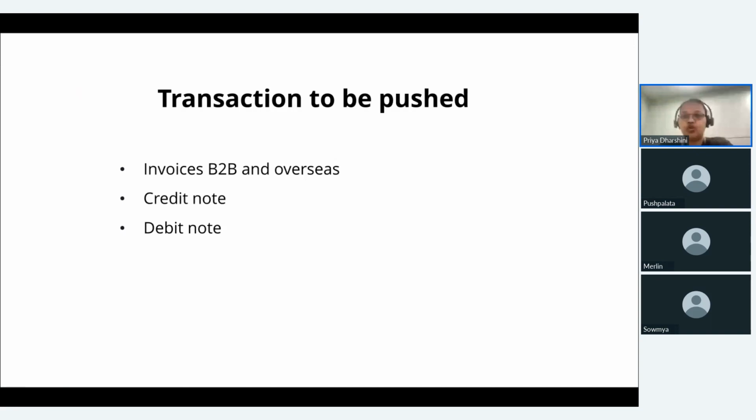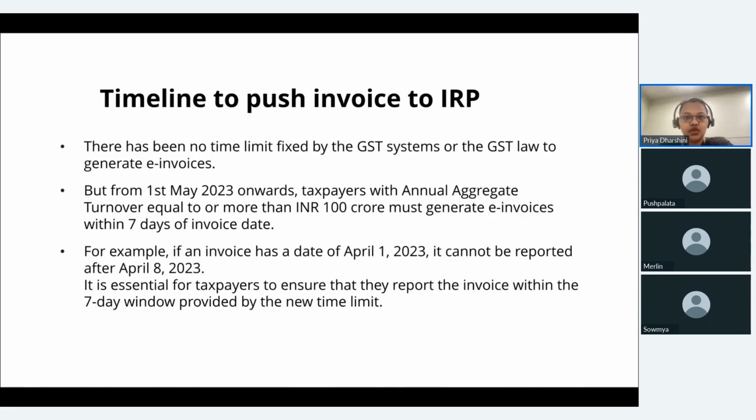Now, is there a timeline to push these transactions to the IRP portal? Previously, there was no such restriction, but recently there has been an update from the IRP portal stating that if your business has a turnover of 100 crore and above, the maximum time limit to push the invoice to IRP would be 7 days from the invoice date.